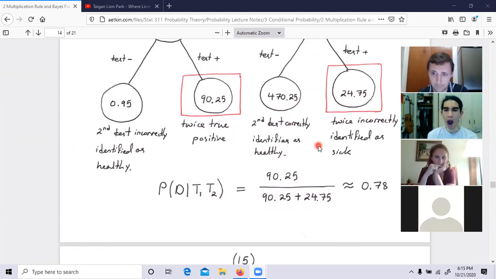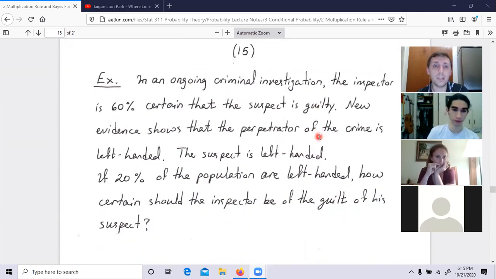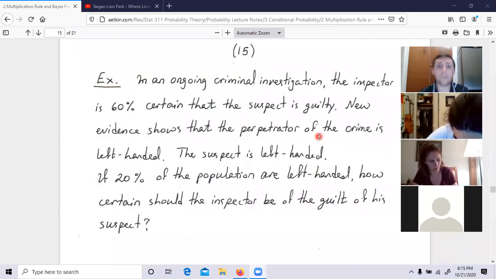Hard to avoid them. All right, so in an ongoing criminal investigation, the inspector is 60% certain that the suspect is guilty. New evidence shows that the perpetrator of the crime is left-handed. The suspect is left-handed. If 20% of the population are left-handed, how certain should the inspector be of the guilt of his suspect?